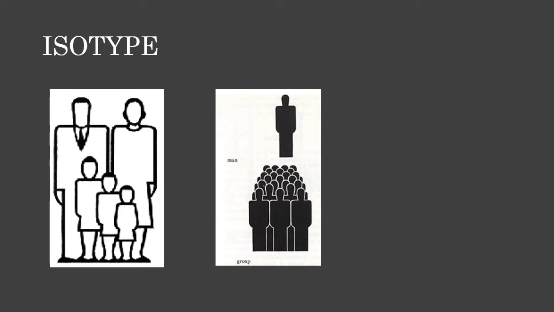He liked representing quantities by just showing more of the same symbol. For example, there's the sign for man, and then you have a whole bunch of men together to mean group.